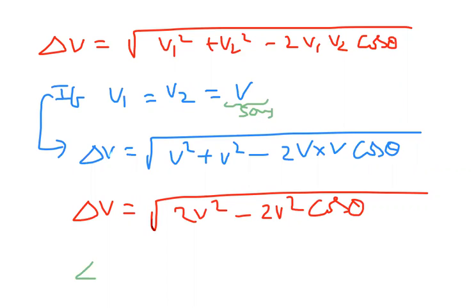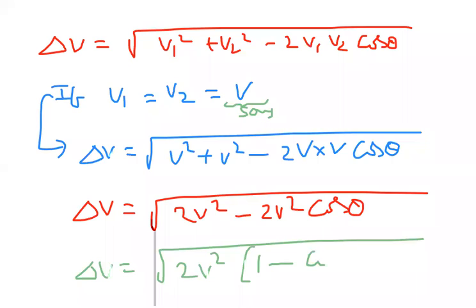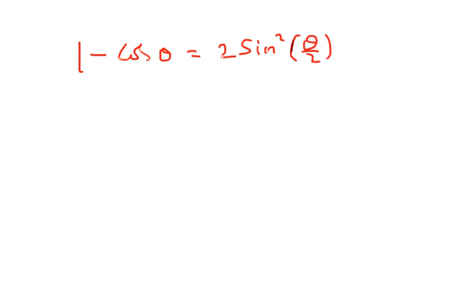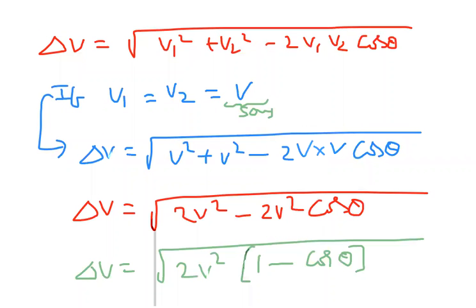Taking 2v square common, it is 2v square into 1 minus cos theta. In trigonometry we have 1 minus cos theta as 2 sine square theta by 2. From that information, I can write delta v equal to the root of 2v square into 1 minus cos theta.